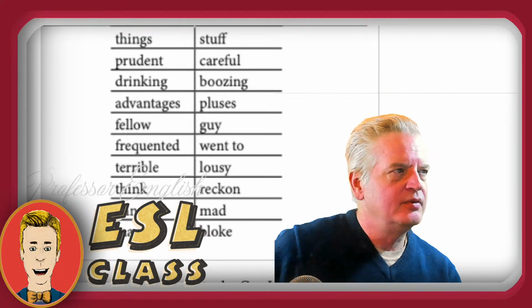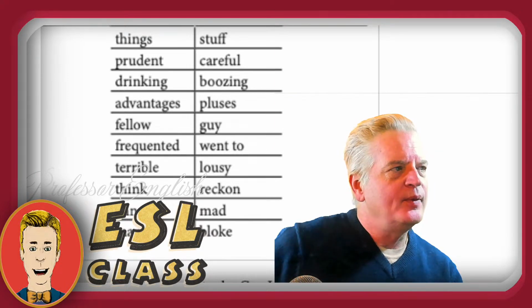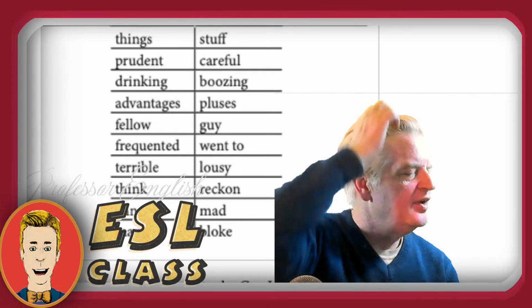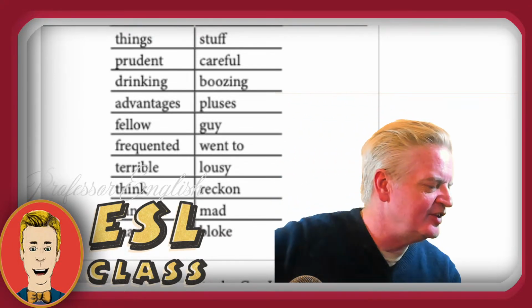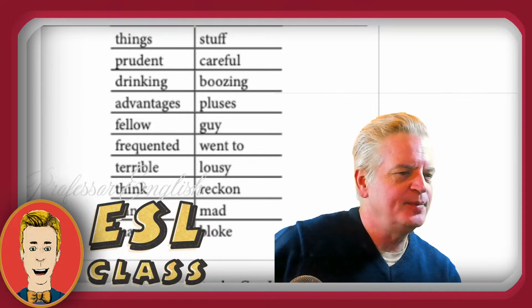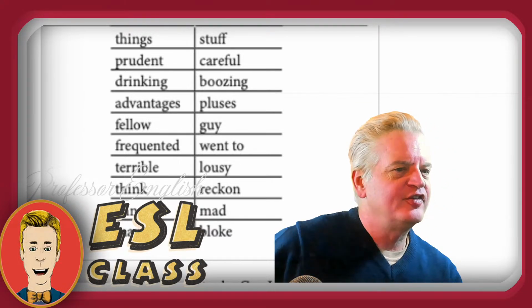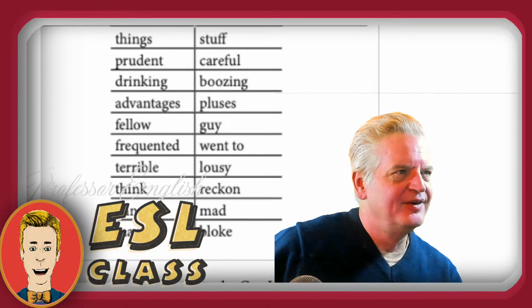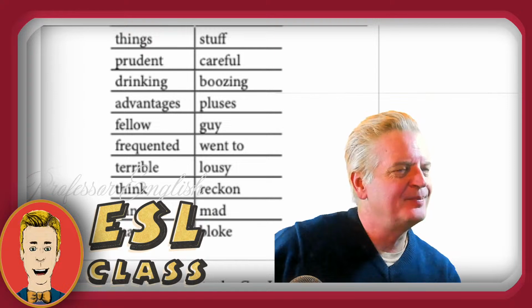Prudent and careful. Then we have drinking and boozing. Now, booze is a funny word for alcohol. If English is not your first language and you say the word booze to a native speaker, they probably will laugh because it's not really typical that a non-native speaker knows that word, usually. It's unusual.